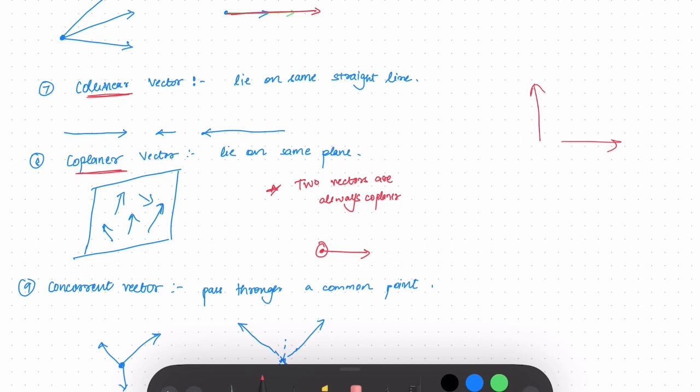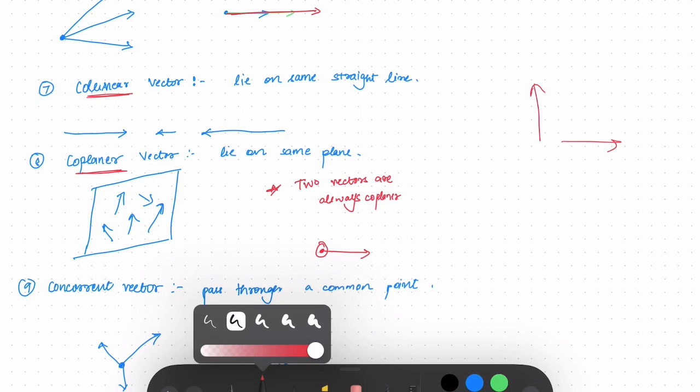If I made one vector pointing out of the screen and another vector in the plane of the screen, it is going to be a plane that comes out of the screen. So two vectors are always going to be coplanar.